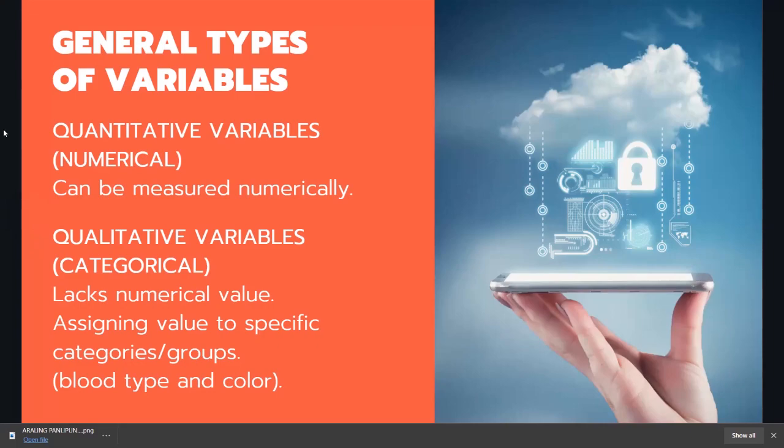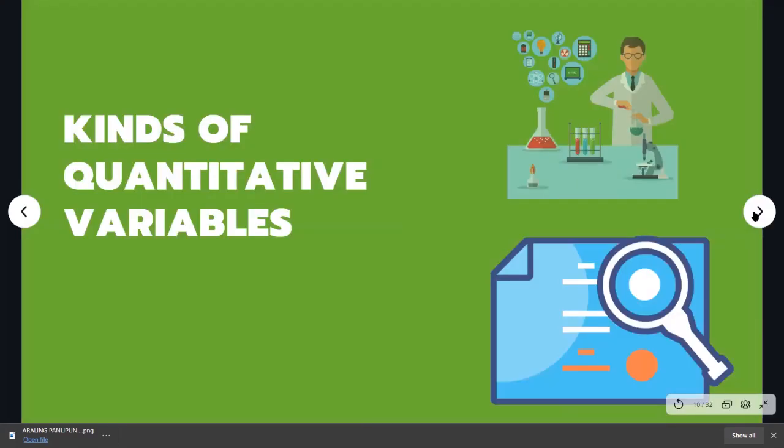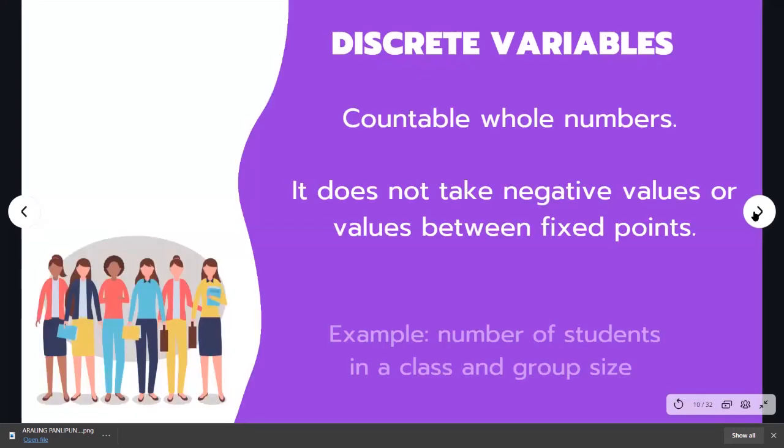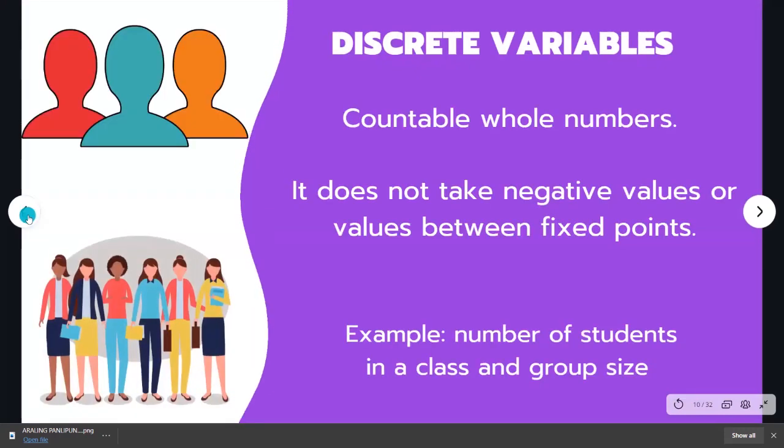So pag sinabing quantitative variables or numerical, these variables are with values that describe measurable numerical quantity. It answers the question how many or how much. So numeric variables are considered as quantitative variables. Okay, so let us now move to the different kinds of quantitative variables.